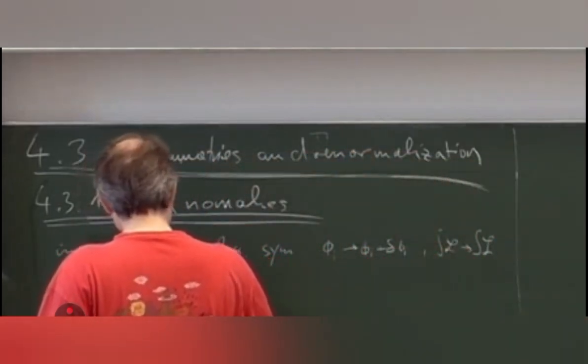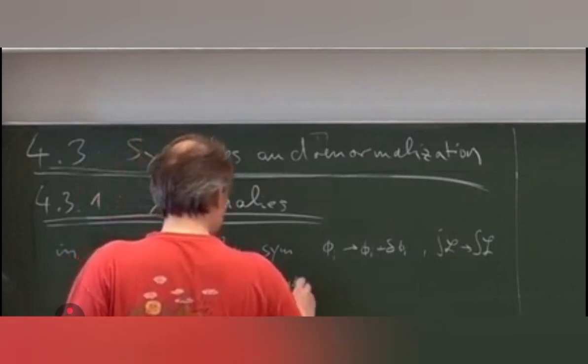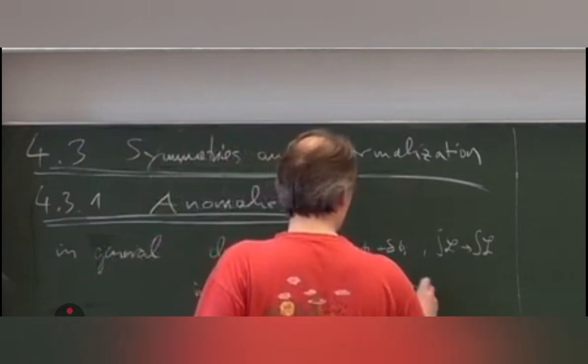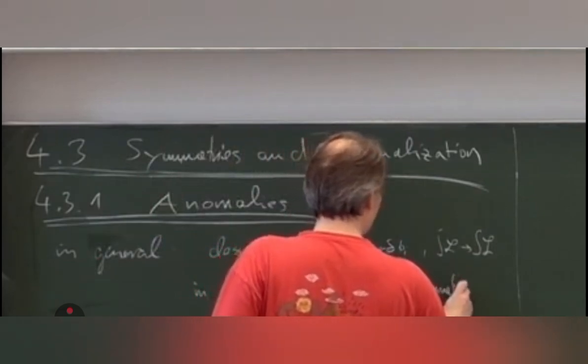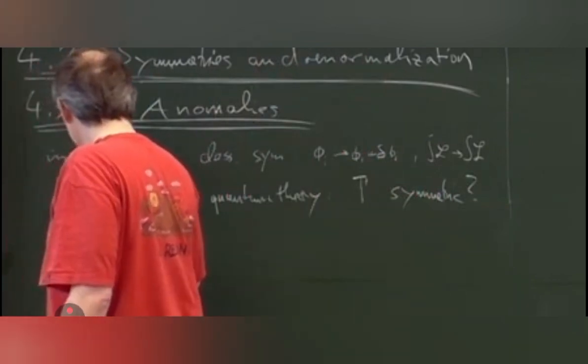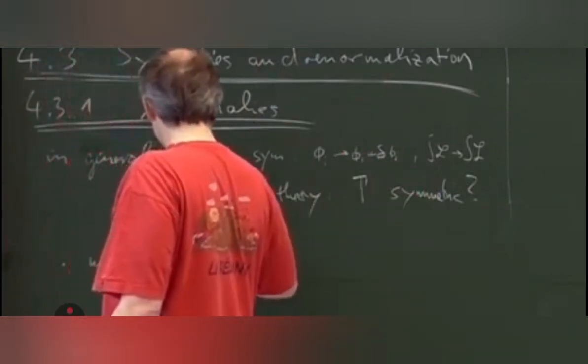So first of all, the question is, in the quantum theory, is this Gamma also symmetric or not? Indeed, maybe the path integral measure is not invariant.